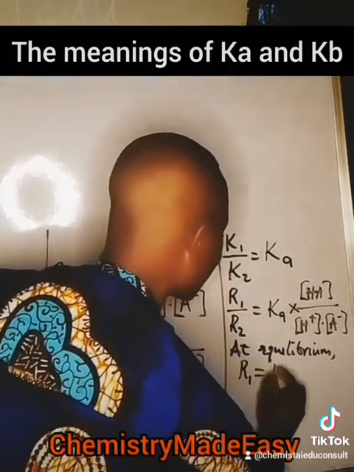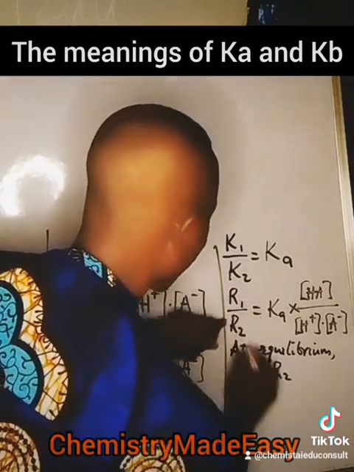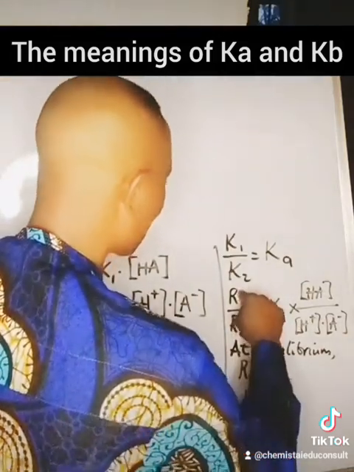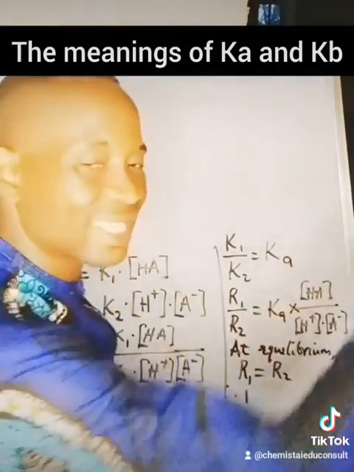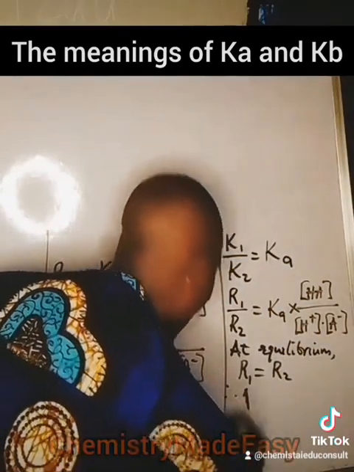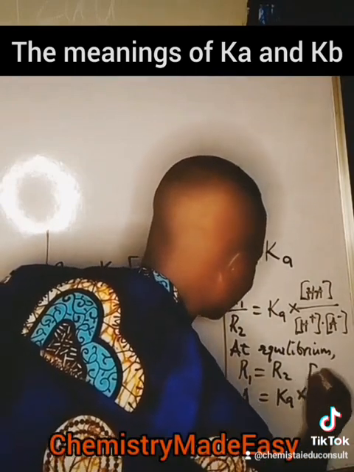R1 is the same thing as R2, which means R1 over R2 is 1. If R1 is 20, R2 is 20. 20 divided by 20 is 1. So R1 over R2 is called 1 here, equals Ka times this.